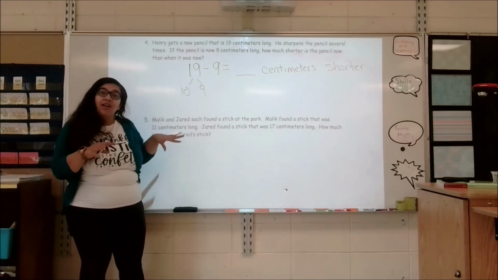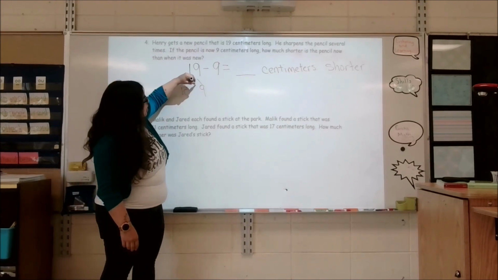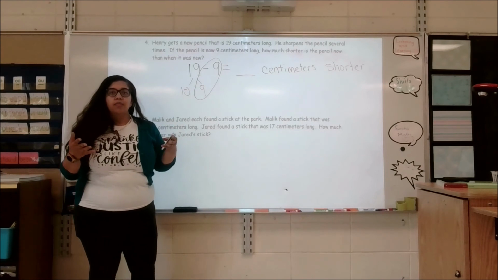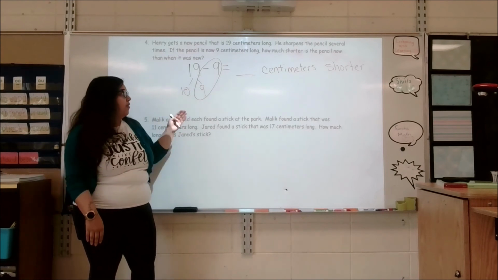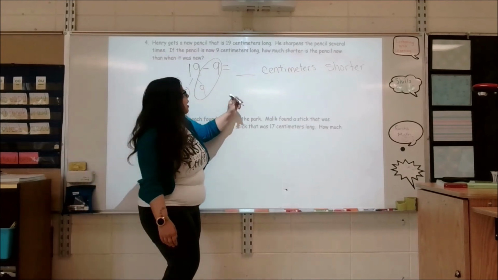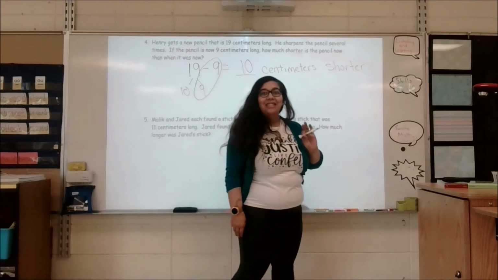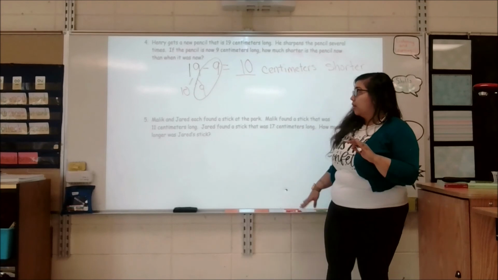So I can leave my group of 10 alone. And 9 minus 9 is 0, leaving me with a group of 10, telling us that his pencil is 10 centimeters shorter.